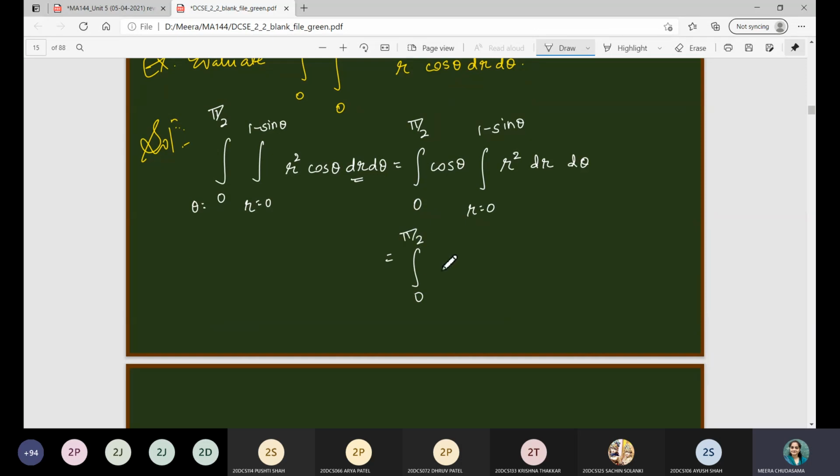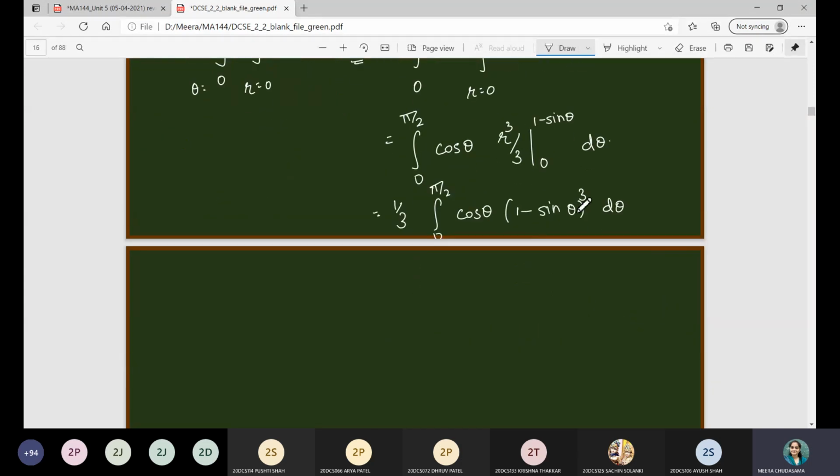Integration 0 to pi by 2 cos theta r cube upon 3, which is varying from 0 to 1 minus sin theta d theta. So that is equal to 1 by 3 taken outside, 0 to pi by 2 cos theta into r cube, which is 1 minus sin theta whole cube minus 0 cube. So it will be 1 minus sin theta whole cube d theta.